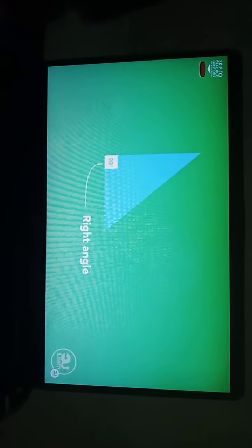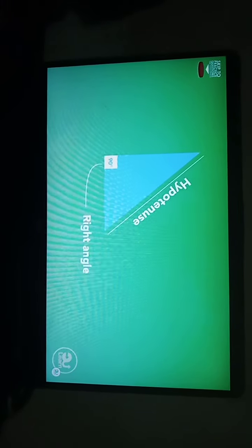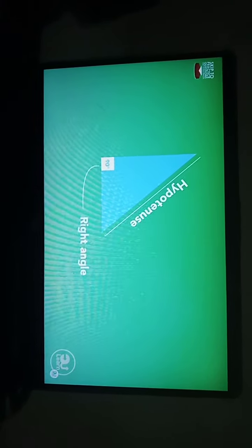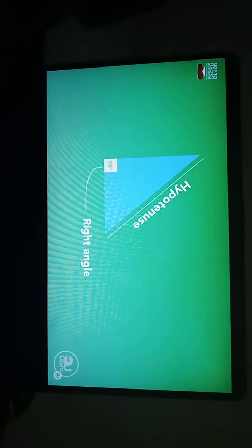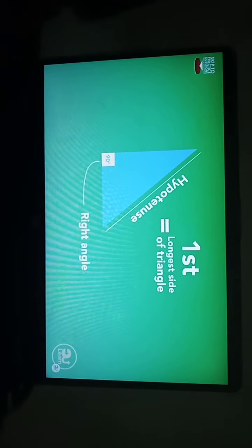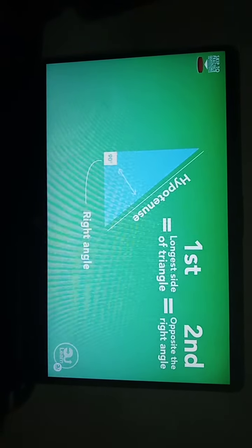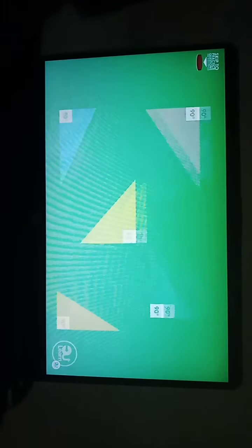I'm talking about this side of the triangle. This side has a name known as the hypotenuse. There are two ways to identify the hypotenuse. The first is that the longest side on any right-angled triangle is the hypotenuse. The second is that the hypotenuse is always opposite the right angle.